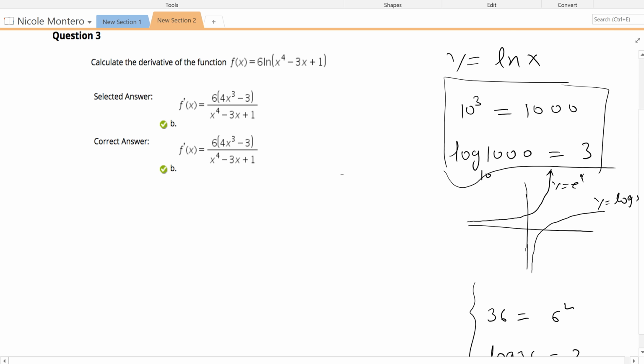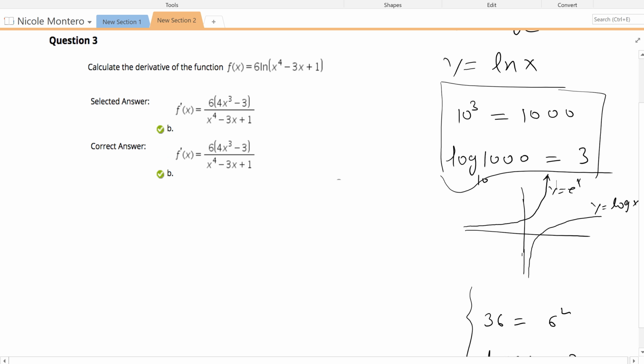Now the log's derivative: the derivative of ln x is gonna be 1 over x. Okay. And you can memorize it. There is a proper derivation, but you don't have to do the derivation of that.